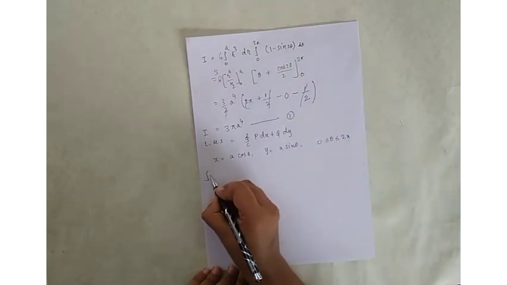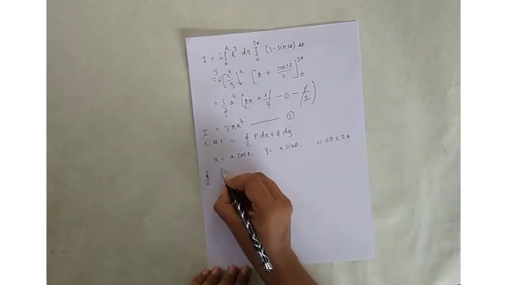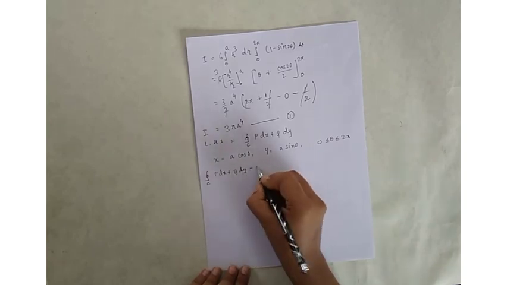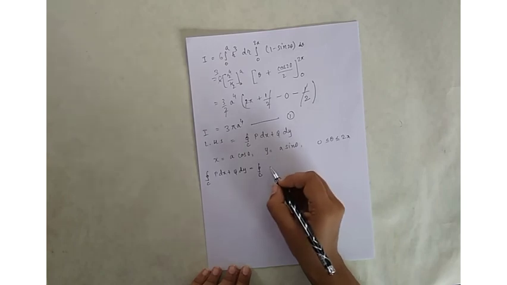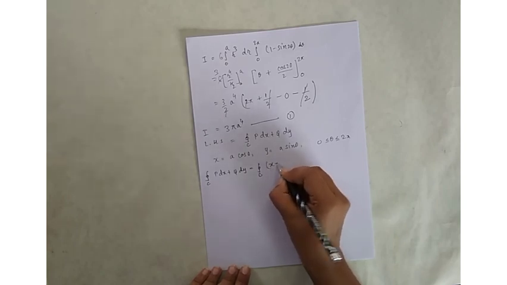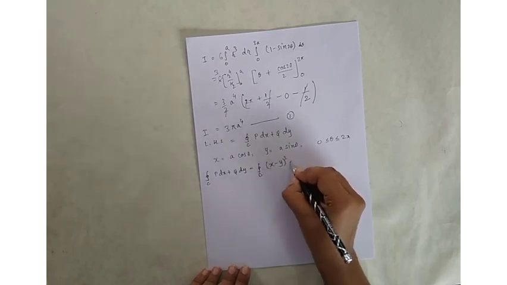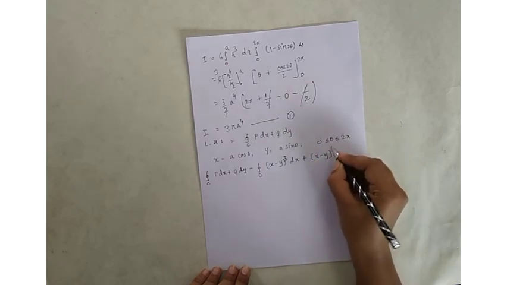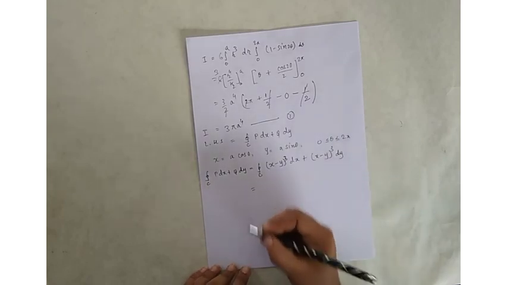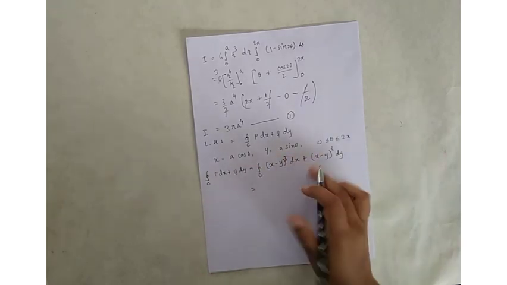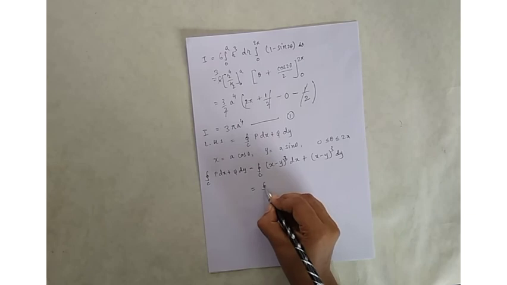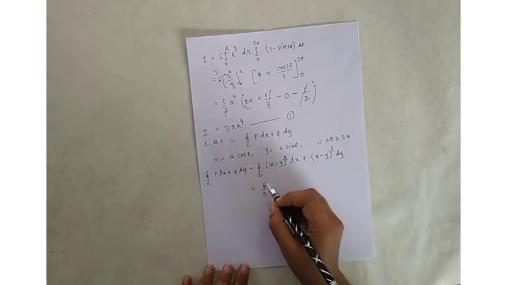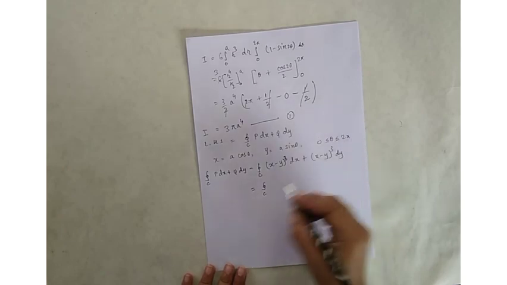So the integration on the smooth closed curve C of p dx plus q dy is equal to, put the value of p and q, so the value of p is (x minus y) whole square dx plus (x minus y) whole cube dy. Put the value of x and y, and you can write the limit for theta, that is 0 to 2 pi.